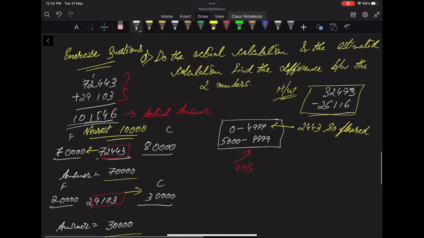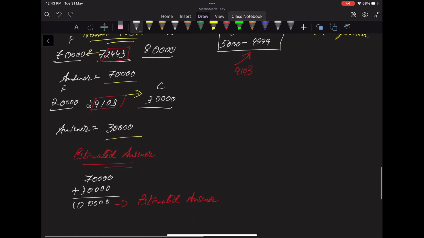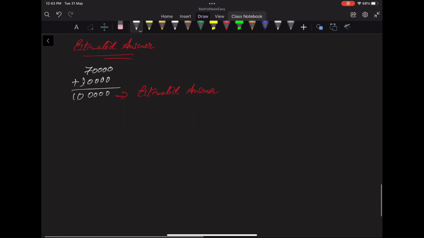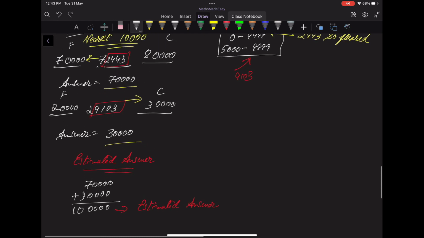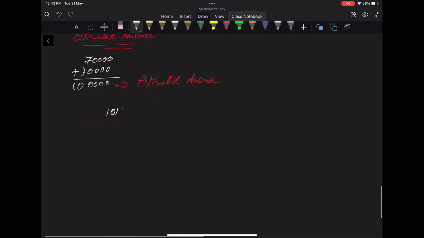Okay, so now what the question says is find the difference between the two numbers. We have to find the difference between the actual number and the estimated number. As we can see that the actual answer is bigger than the estimated answer, so that's how we are going to be doing it. 11546 minus 1 lakh. What do we get? 1546.